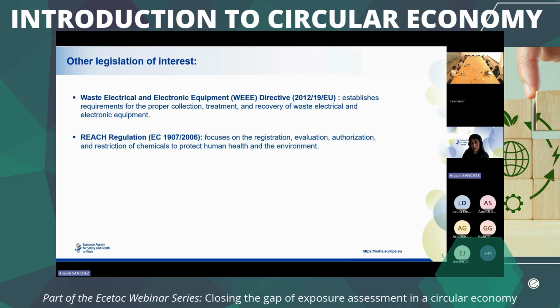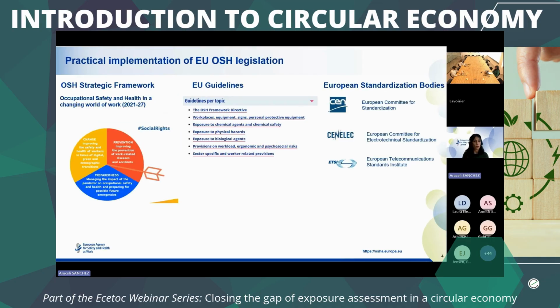But apart from the legislation, the European Union has other tools to help with the implementation of these directives. Like every 5 years, more or less, it publishes a strategic framework on occupational health and safety based on the current challenges.